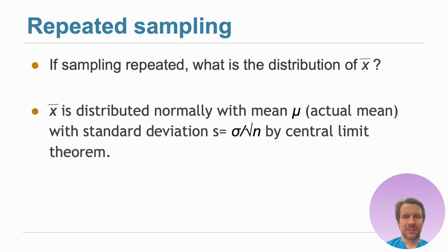And in the repeated sampling, the distribution of these means is normal. They are normally distributed, where the mean of these sample means is the true mean. Right? And there is some standard deviation that is sigma over square root of n.